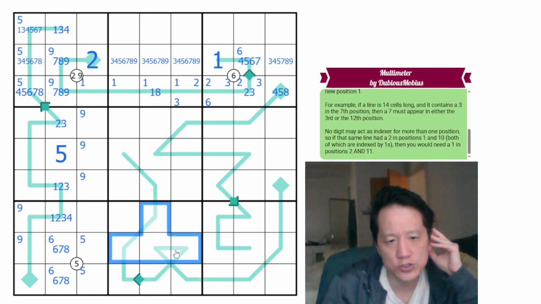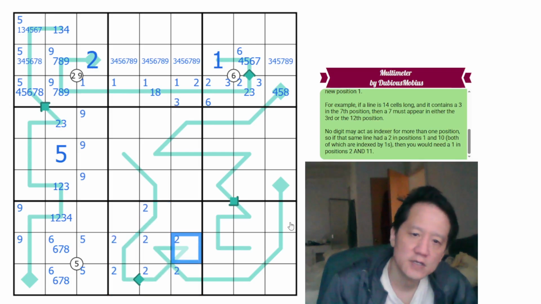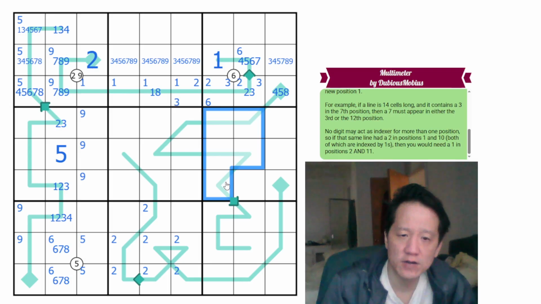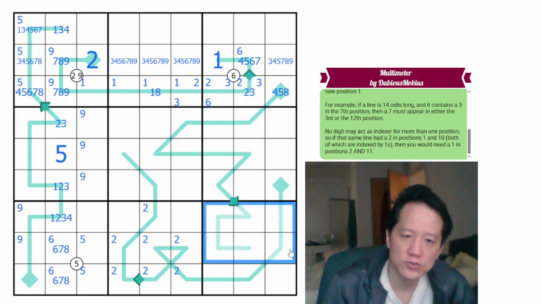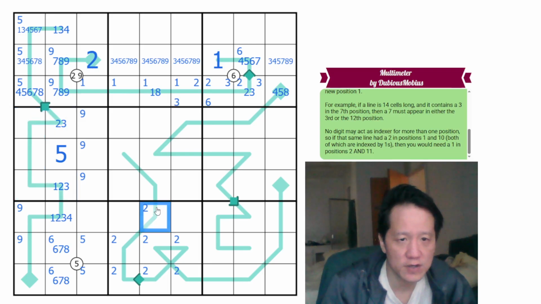So we know there's a 2 in one of these 7 cells. There's a 2 either in one of these 5 or one of these 6. And then there's another 2 in one of these: a 2 in one of these 4, a 2 in one of these 5.